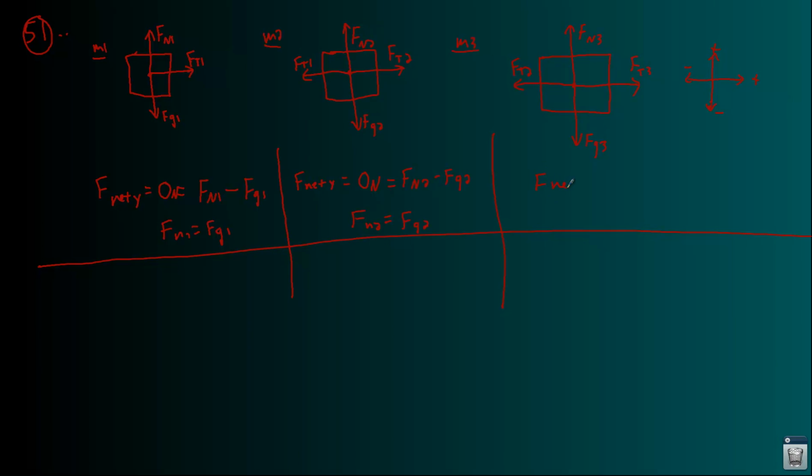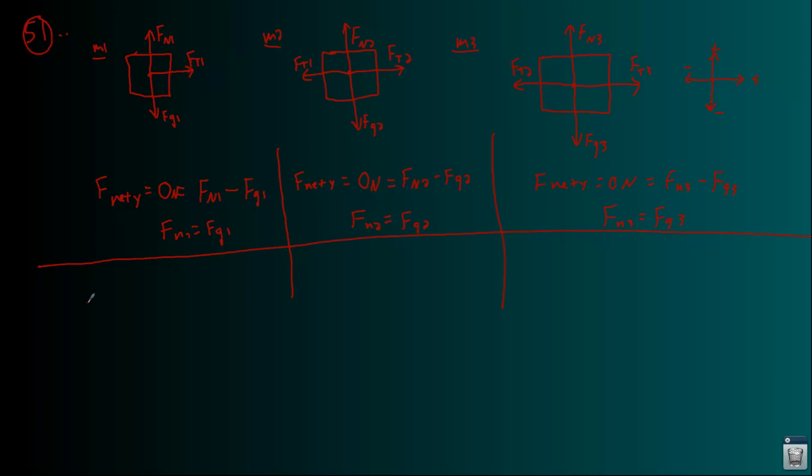And same here. Fn3 minus Fg3, so Fn3 equals Fg3. This is all in the y direction. All this tells us is in order for the block to not rise or fall, these two forces have to equal each other. As we're going to see, this does not help us solve the problem at all.